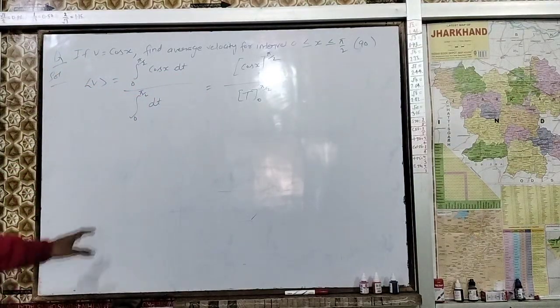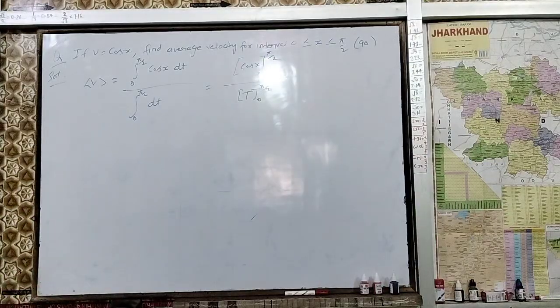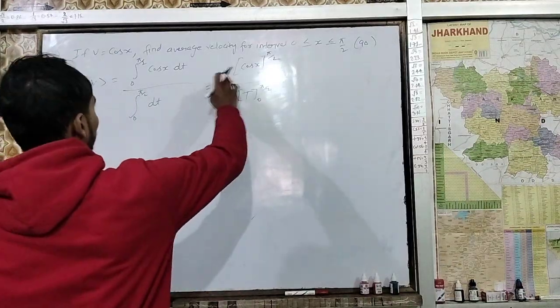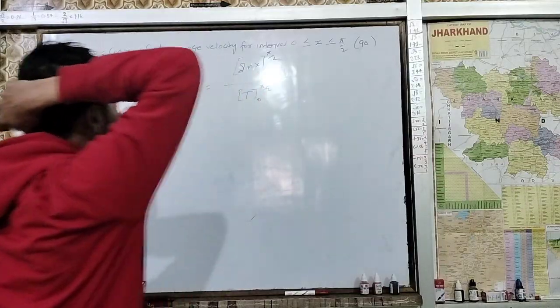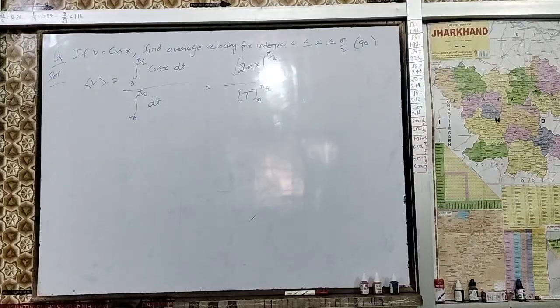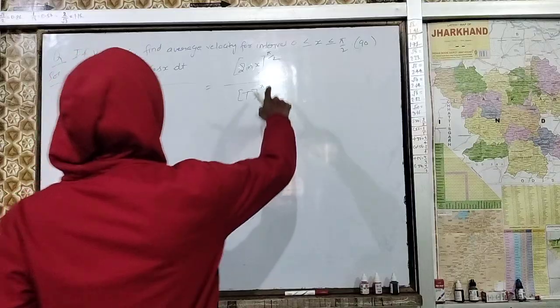Finally we have to integrate. The integration of cos x will become sin x, and the integration of dt will become t.